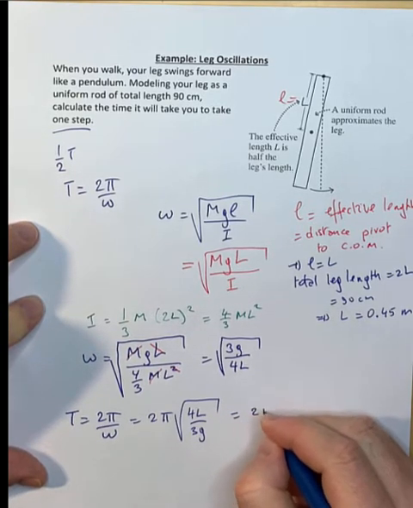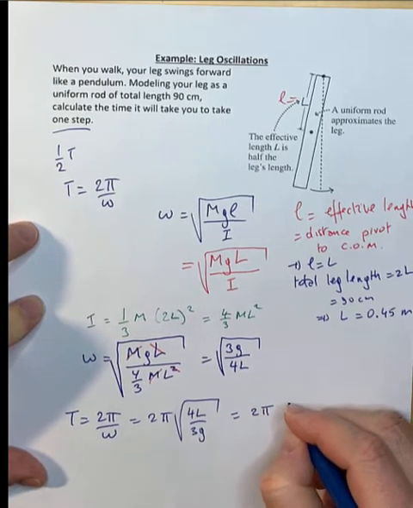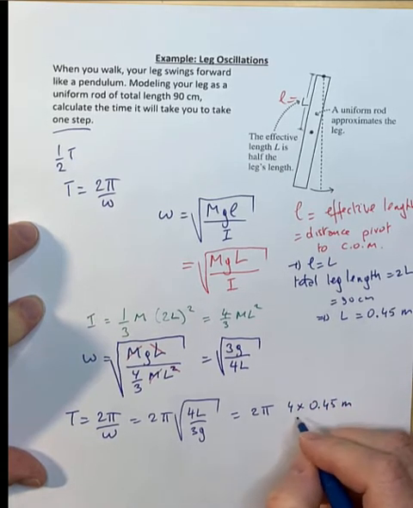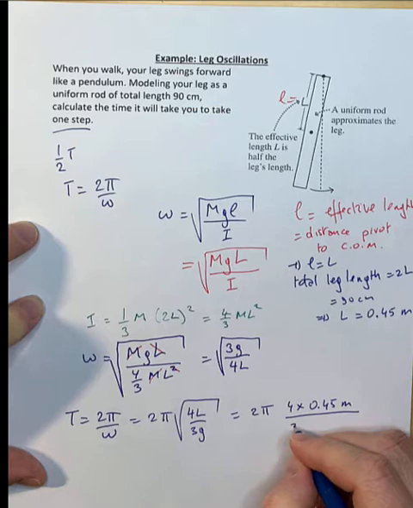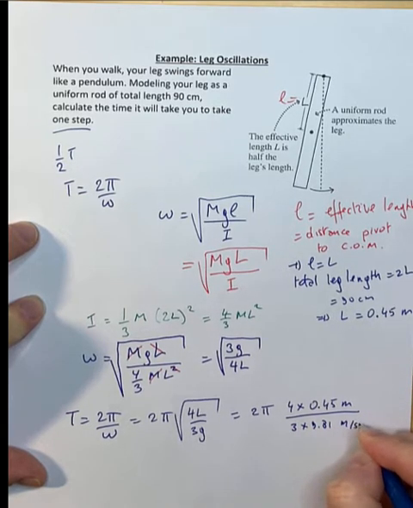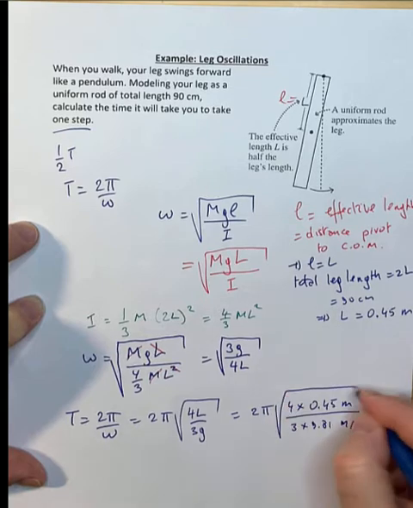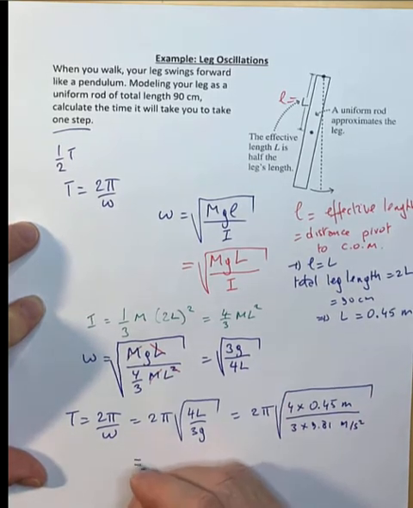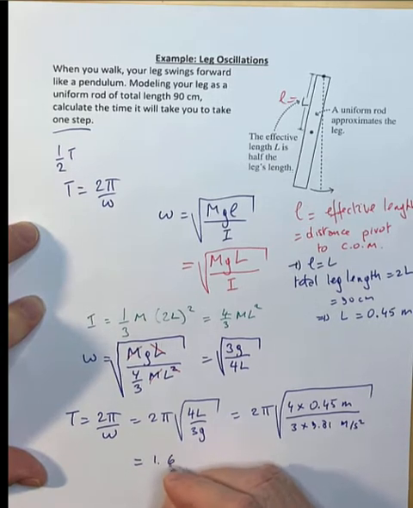And then we can plug in the numbers because we have all the numbers. So it's the square root of 4 times 0.45 meters divided by 3 times 9.81 meters per second squared. And if you work that out, you find that this is 1.6 seconds.